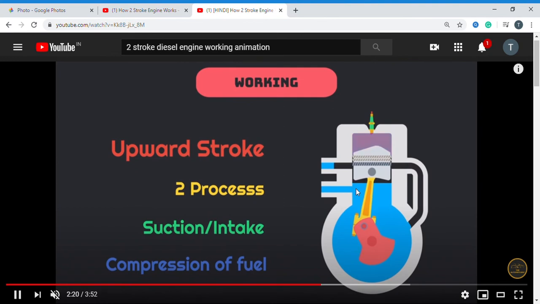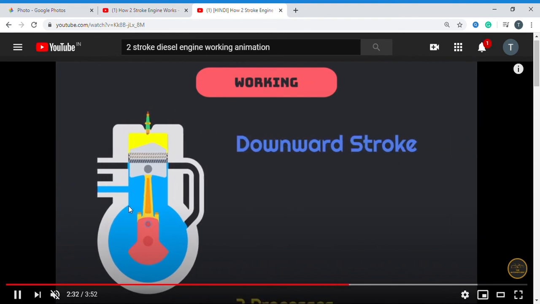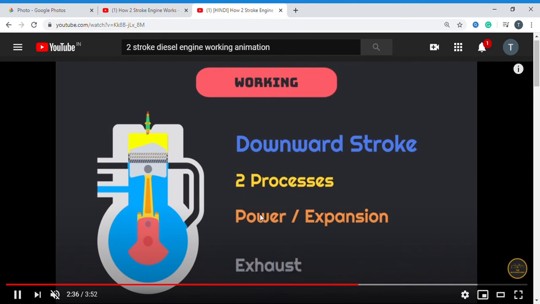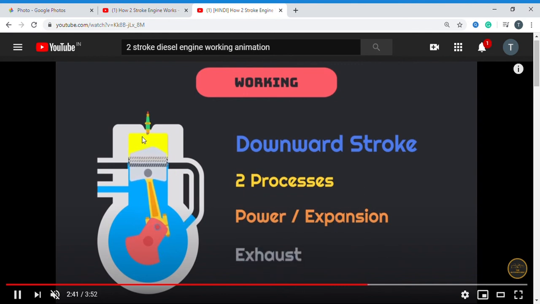See, air is entering and air compression takes place. Two processes when the piston moves from BDC to TDC: suction and compression. And in the downward stroke, two processes, that is combustion or power or expansion. Three names are the same. So combustion takes place, and the exhaust gases are released from here.